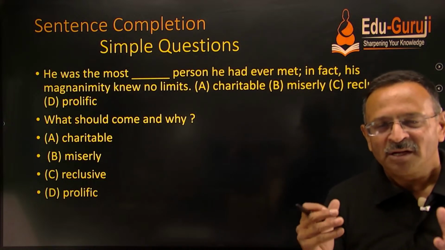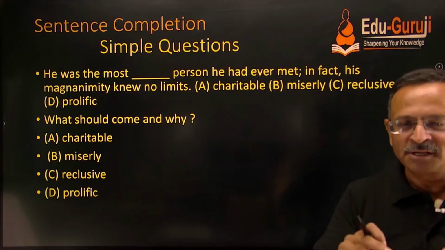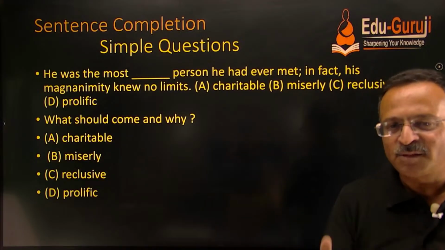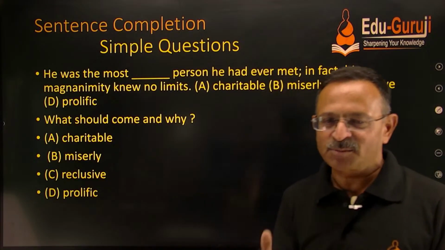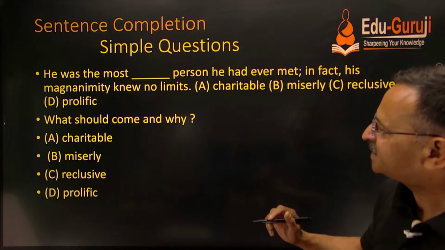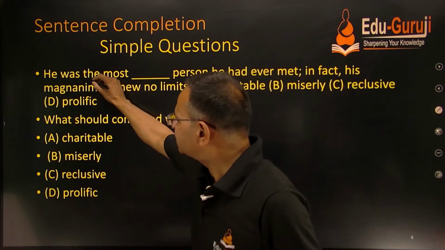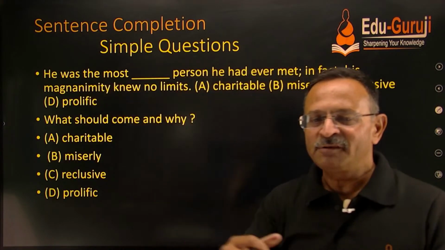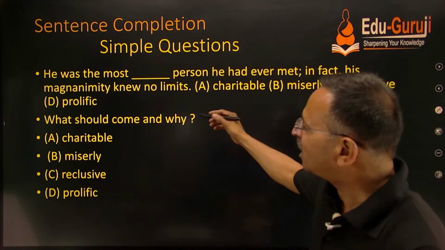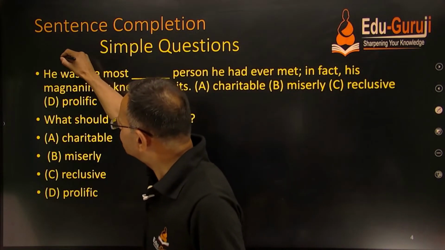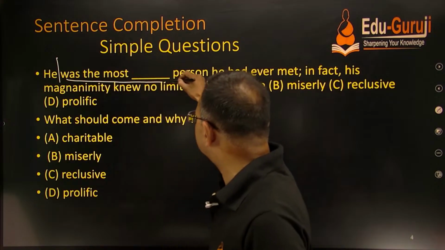Now, let us understand the fill in the blanks and what it talks about. If we divide this sentence into two parts, this is the subject part and this is the predicate part.